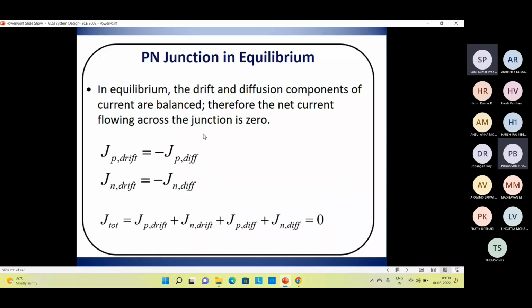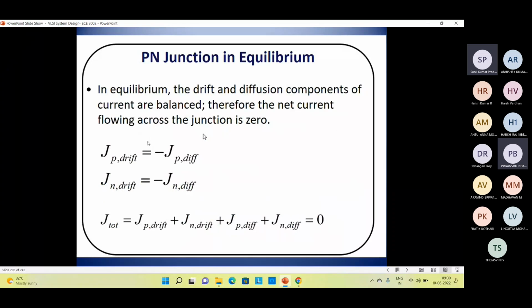Now, PN junction, when you say in equilibrium, okay. In equilibrium, the drift and diffusion components of current are balanced. Therefore, the net current flowing across the junction is generally zero. So in that case, our drift current of hole is the negative of diffusion current for hole. So Jp drift is equal to minus Jp diffusion.